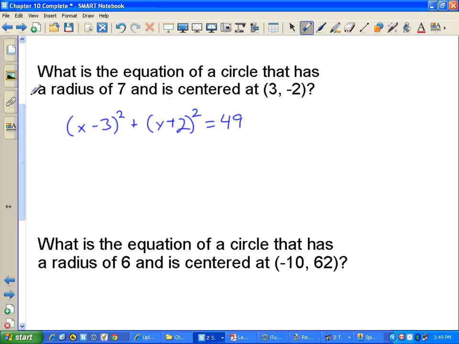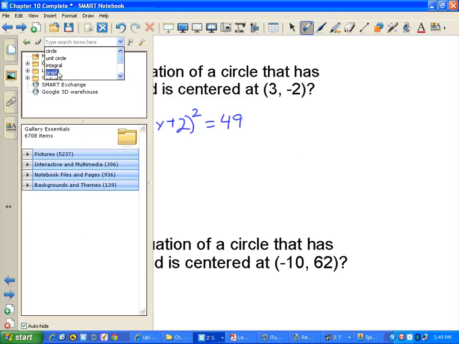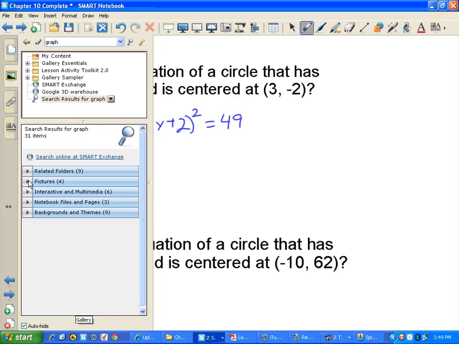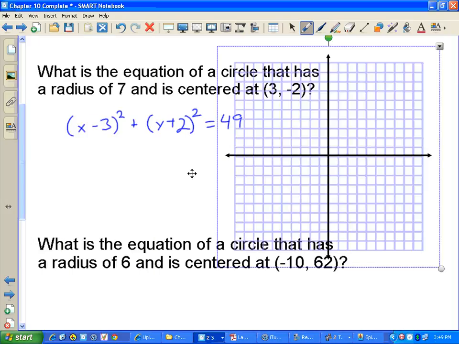Okay, and if we wanted to graph it, what we're going to do is go to the center, 1, 2, 3, down 2, there's our center, and then we're going to go 7 away in the 4 directions, 1, 2, 3, 4, 5, 6, 7, in each direction.